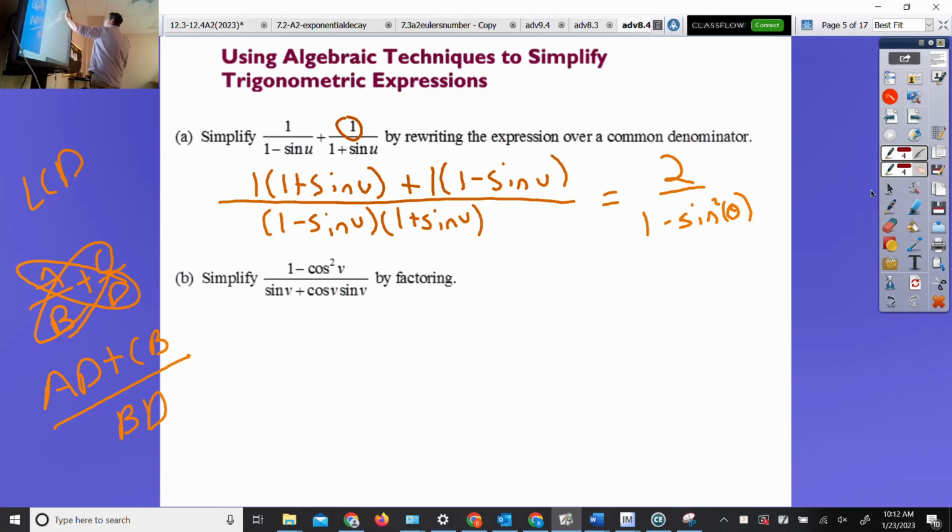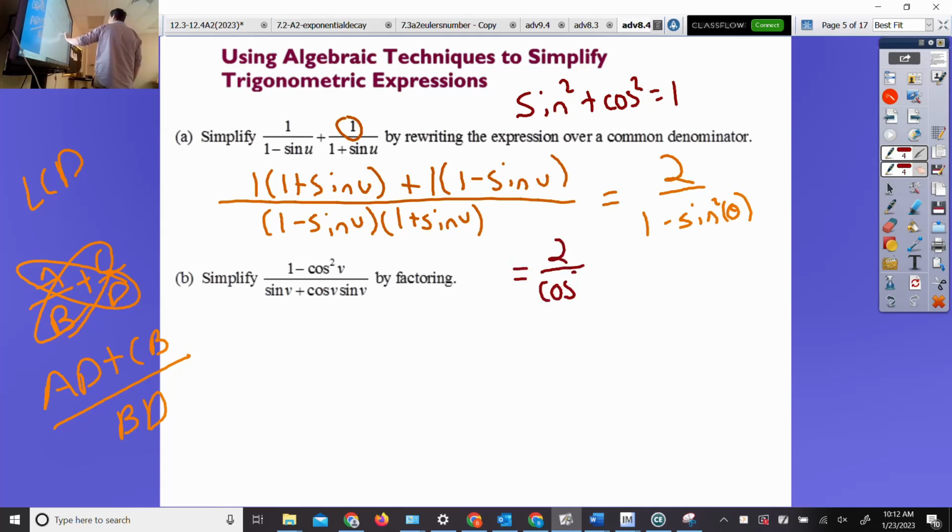I'll say it often, if you start seeing squared things, go back to the Pythagorean identities. Write them down, manipulate. It turns out that 1 take away a sine squared is what? Cosine squared. So this becomes 2 over cosine squared.